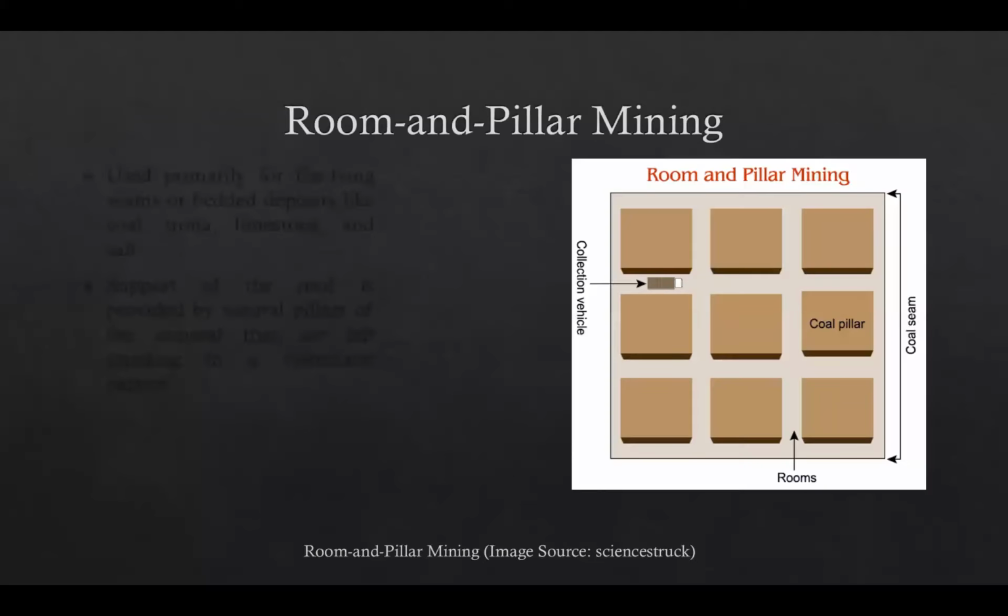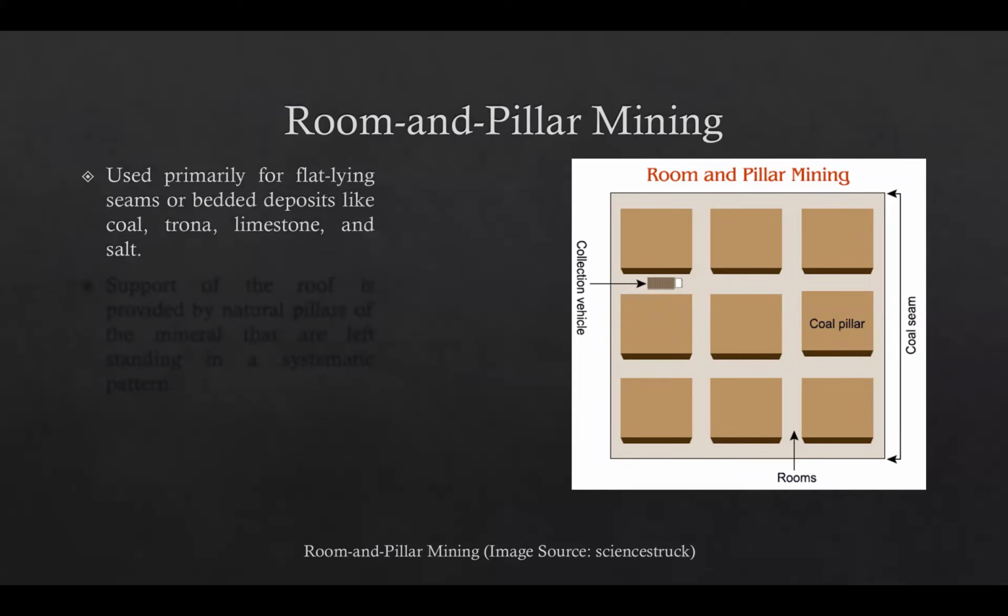The first one is room and pillar mining. It is the most common unsupported method, which is used primarily for flat-lying seams or bedded deposits like coal, potash, limestone, and salt.